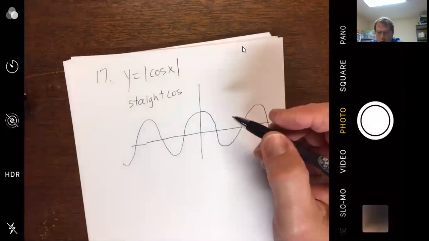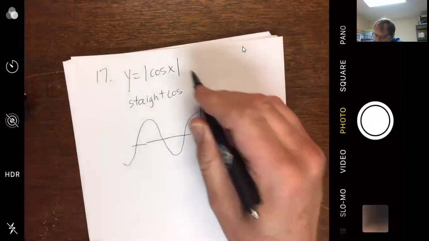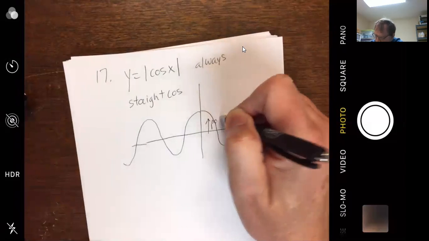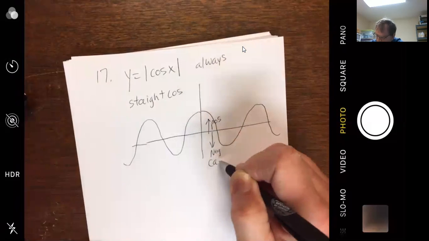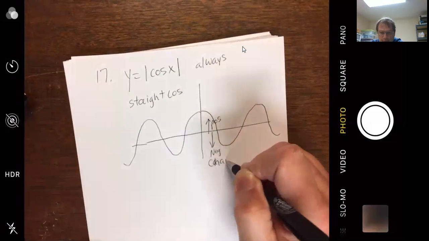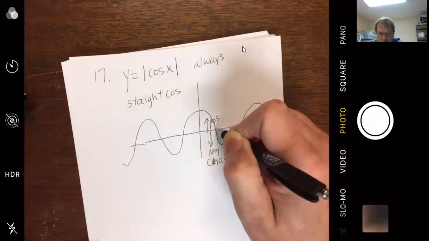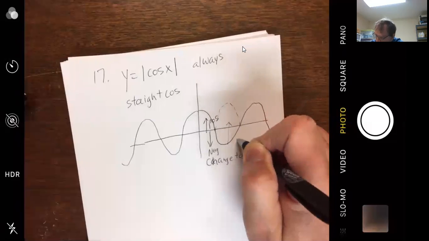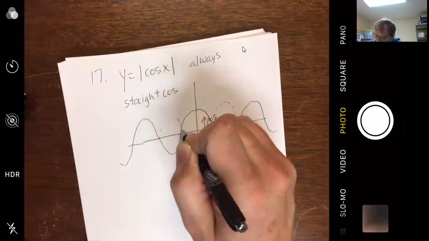All right. So remember, this is always positive. If you're above, you're positive. If you're below, you're negative. And it's going to change to positive. So 0 is going to be the connecting point. This stuff is going to flip up. Right here, you're going to flip up.